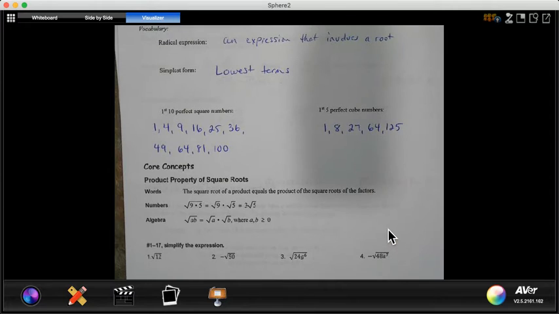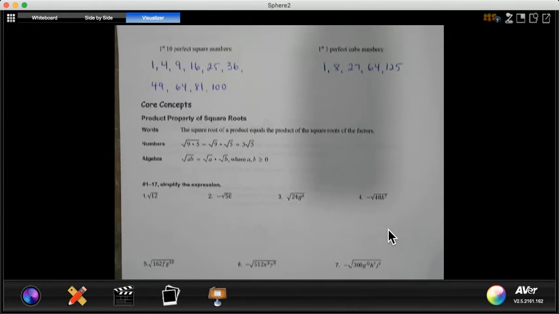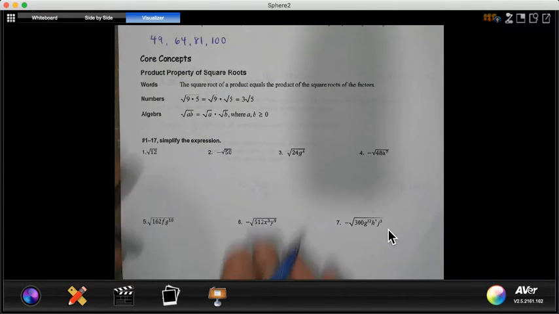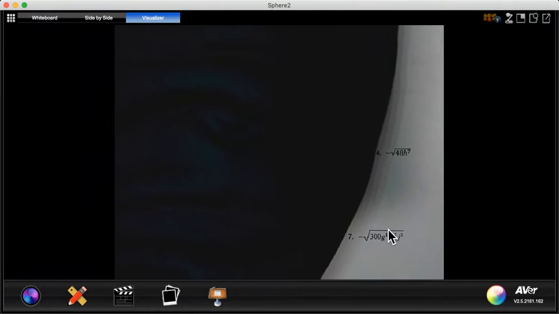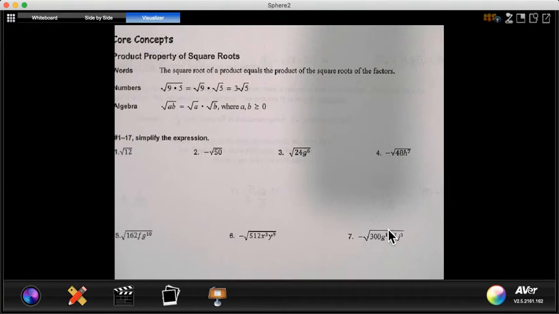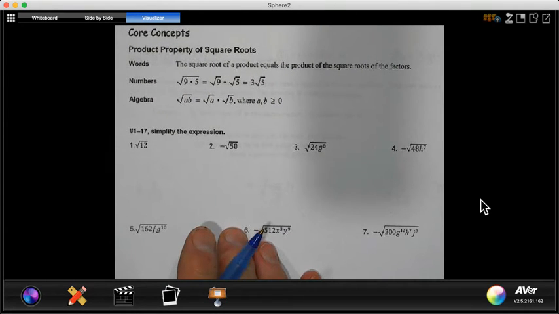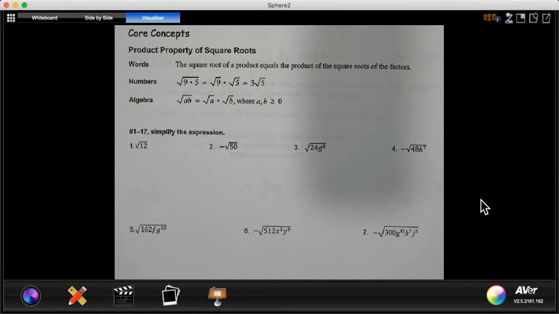So as we get started, I encourage you to pause the video and try some problems on your own, and also maybe play it back a little bit to do some understanding. Okay? But the idea behind it is kind of like when you reduce fractions, you want to be able to pull a number out of the fraction.